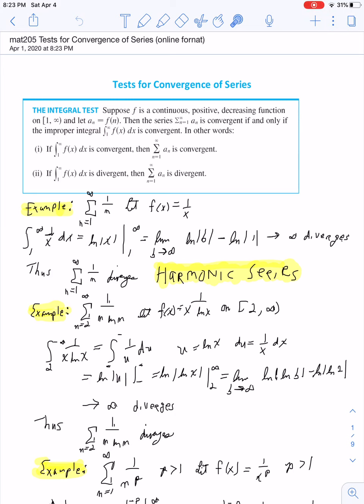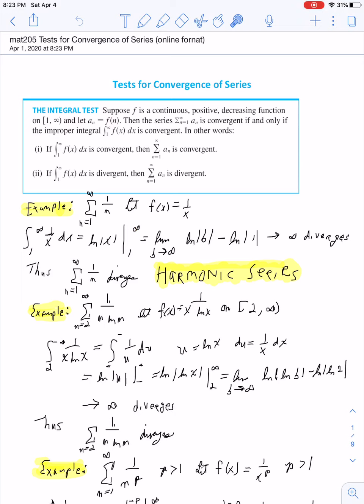So I'm going to look at f of x equals 1 over x, and I'm going to look at the integral from 1 to infinity of f of x. So that is the integral from 1 to infinity of 1 over x dx. Well, the integral of 1 over x dx, you know to be natural log absolute value of x. And I'm going to evaluate that between 1 and infinity.